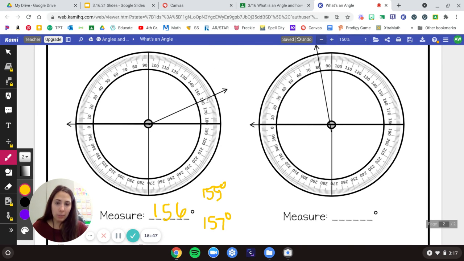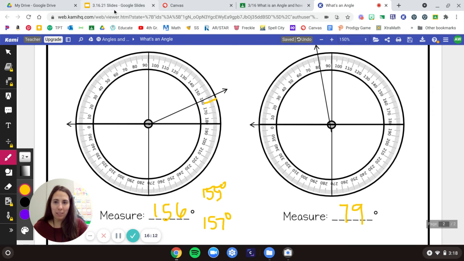But it's just past, because 160 would be this line here, and it's not quite to that 160. And this last one, if we look closely, that 80 mark would be that next really big tick, so it's just shy. It's not quite to 80. So this one would be 79 degrees.